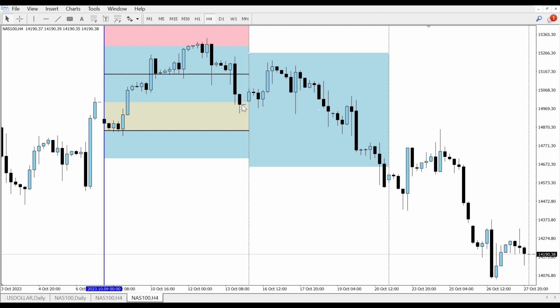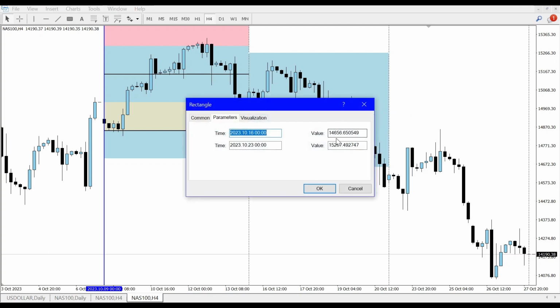So the closing price of the previous trading week was at 14990.43. So we're going to add 300 pips to the 14990, which is the closing price of the previous trading week. And we're going to subtract 300 pips from the same closing price of the previous trading week.